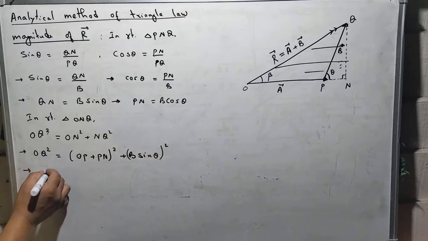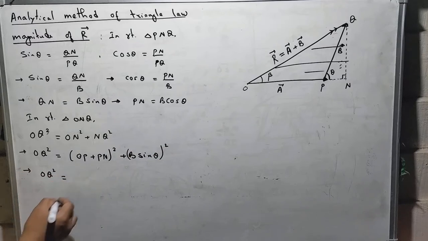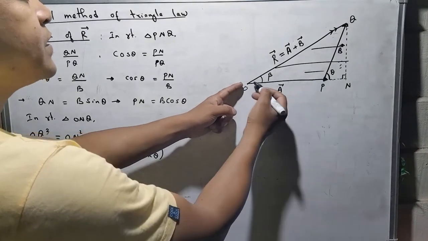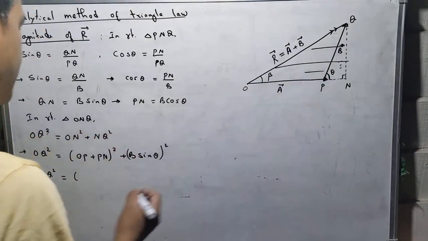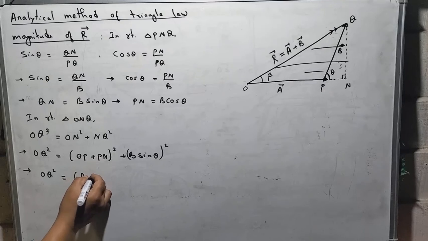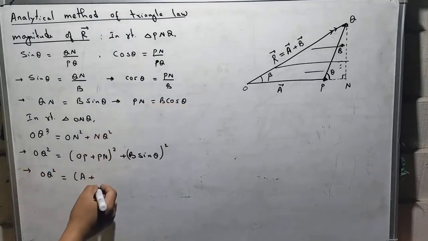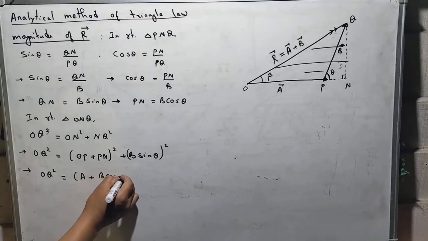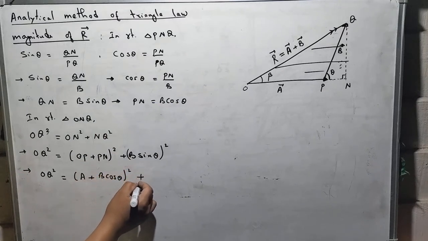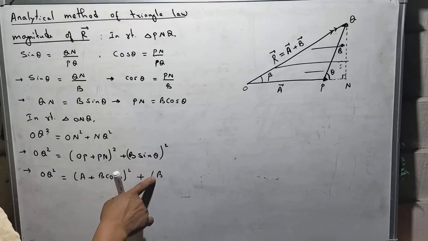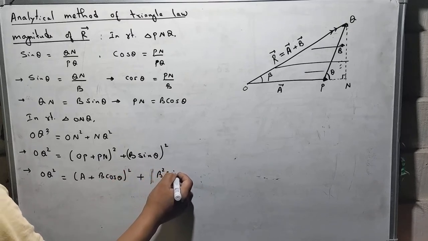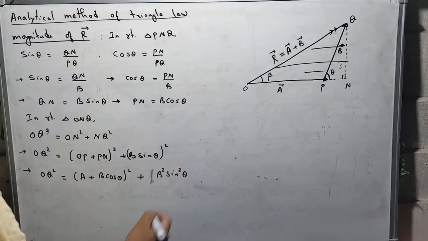Next, OQ square is equal to, how much is OP? This OP is the magnitude of the vector A, so I'll write A plus PN. PN is equal to B cos theta, whole thing square, plus, if you square this, you'll get B square sine square theta.